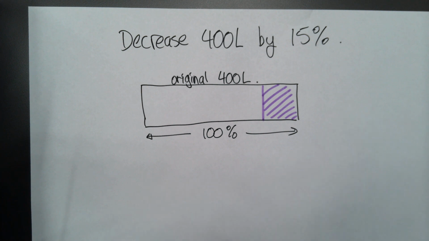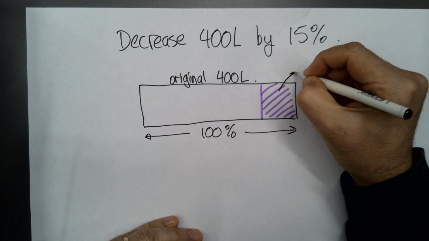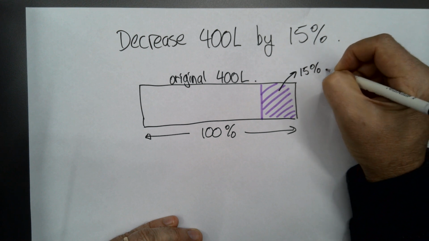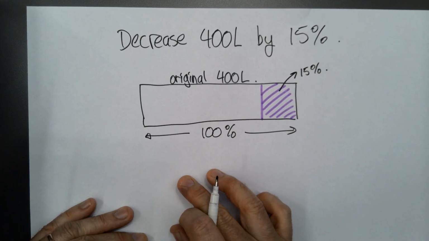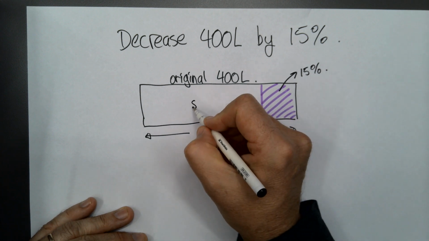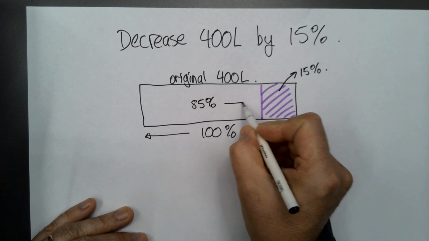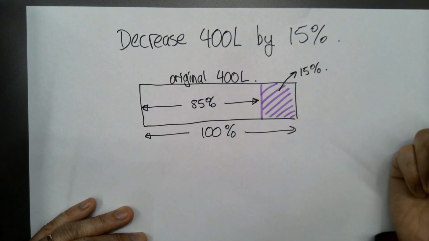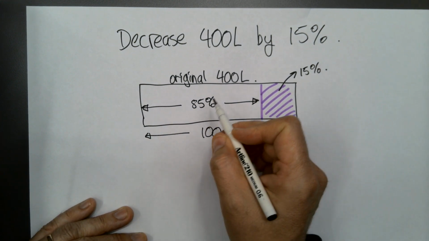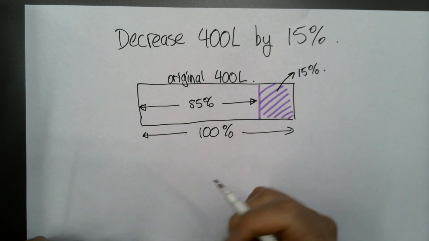But that bit there is actually the 15%. Okay, I'm decreasing it by 15%, so I'm going to chop this off. So what's left? Well, it's 85%. 85% is what is left behind. So all I need to do is find 85% of 400, done.